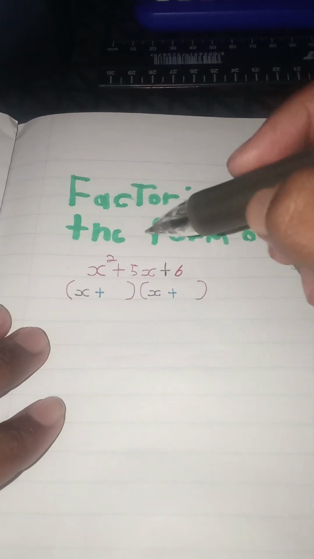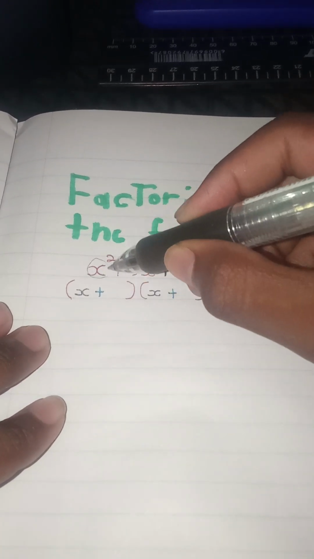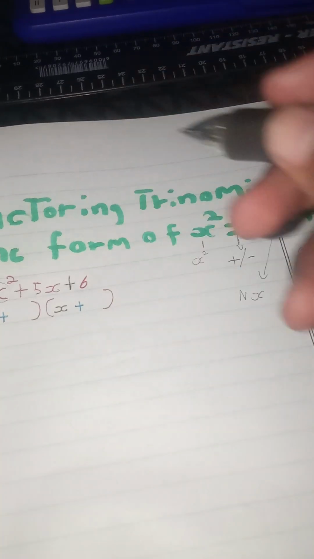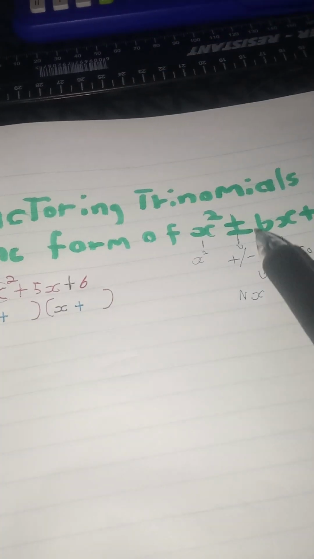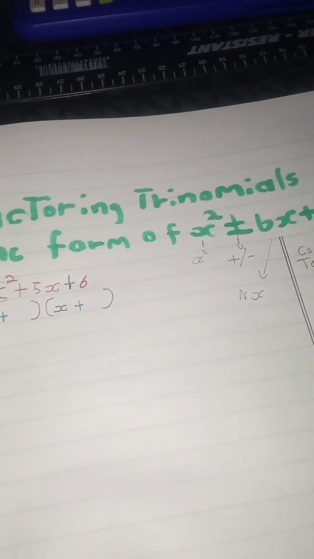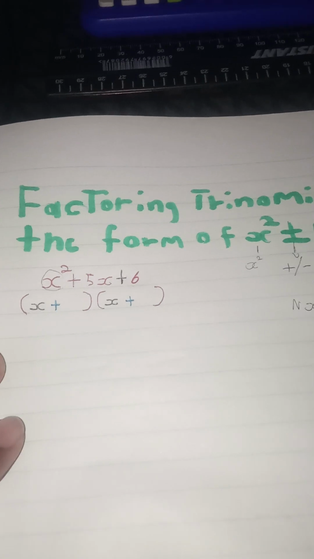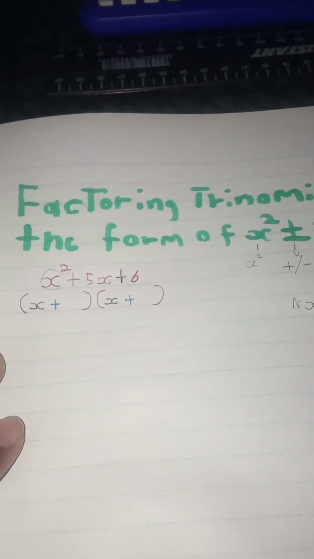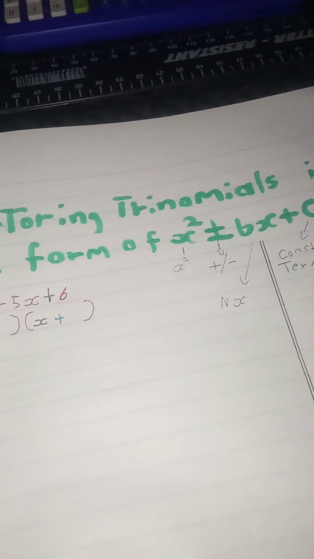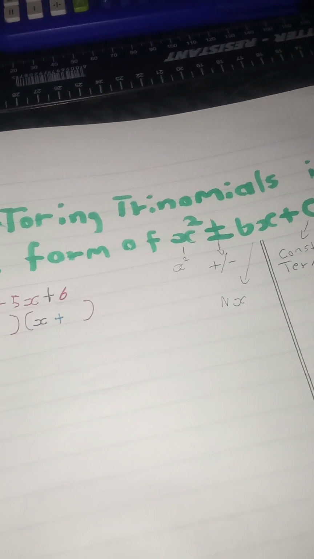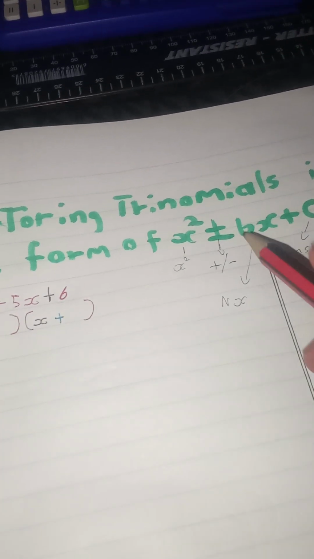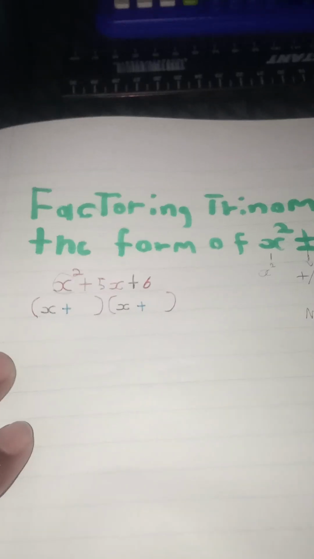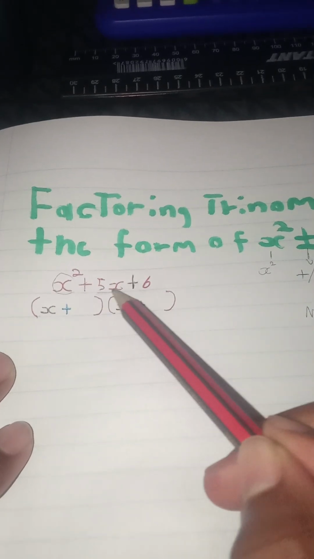So let me show you the figures. The x squared is this one, then the plus or minus, and in this case we have the plus, and the bx, we are given 5x.